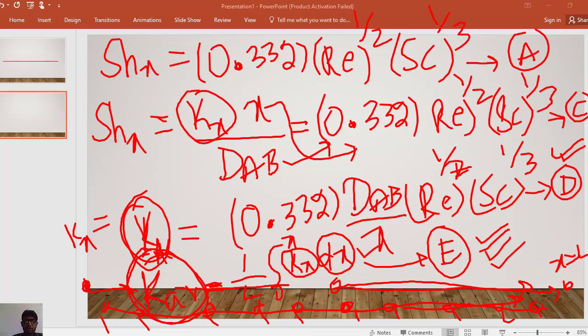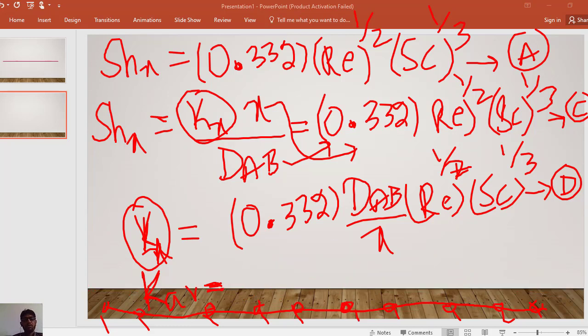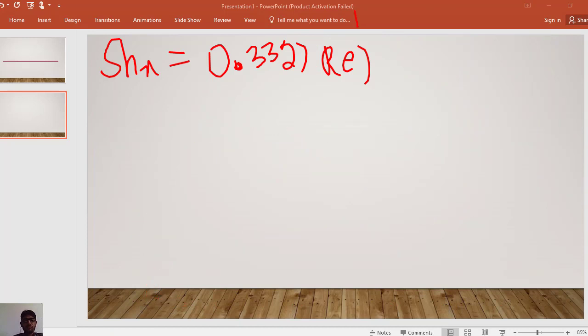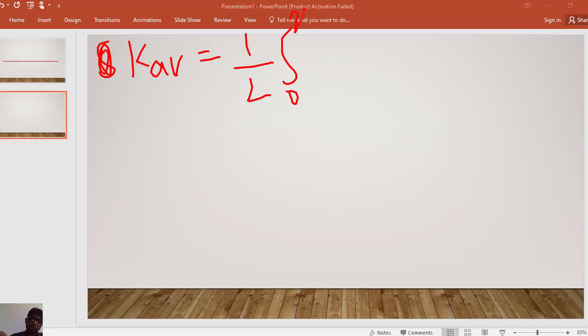So let's check equation number E again, and we will find the relation between the average and local mass transfer coefficient. This was equation number E: the average mass transfer coefficient KAV is 1 divided by L, integral from 0 to x of Kx dx.